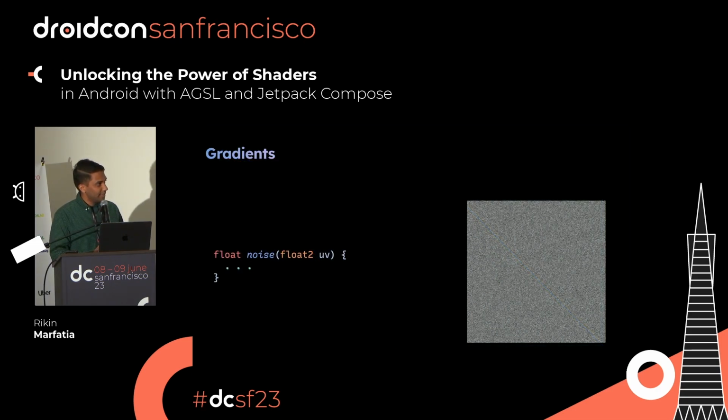But the whole reason I wanted to get into this was I wanted to create that noisy, grainy effect for our gradients. In order to do that, I'm using a well-known noise function. It's kind of obtuse and hard to understand, but essentially it generates something that looks like TV static.